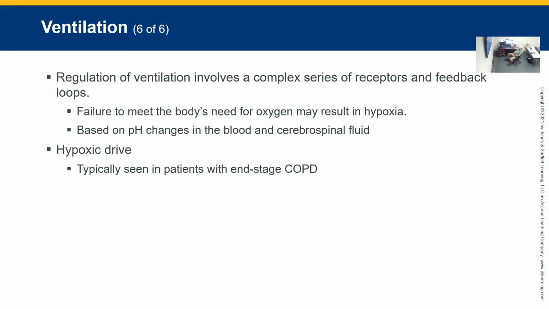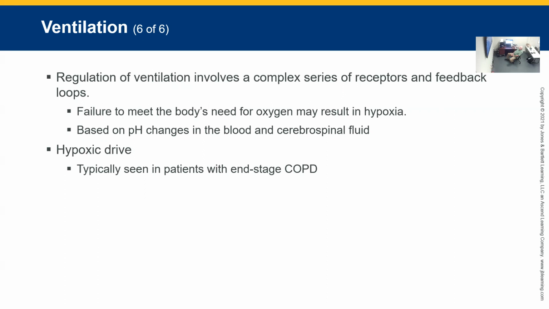What happens is the chemoreceptors get used to it, because your lungs are not working as well. Your carbon dioxide level is higher. Instead of a normal 40, it may be 55 or 60.